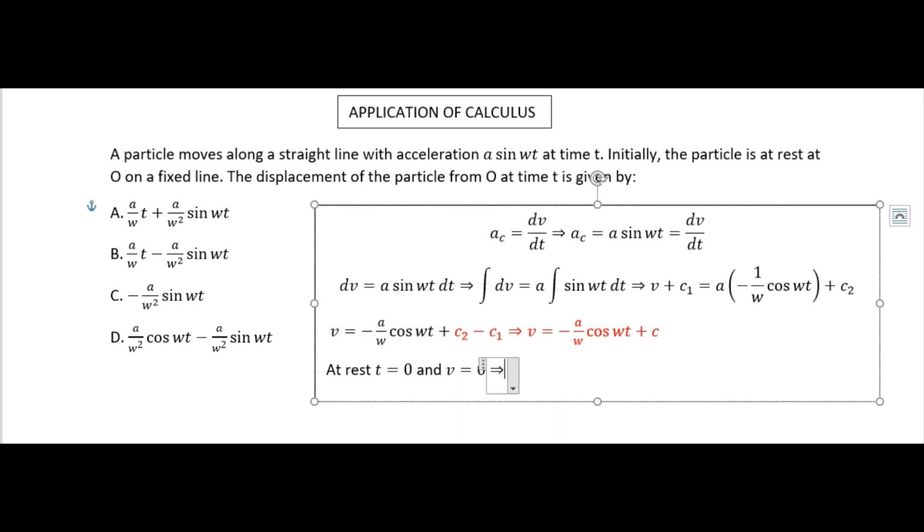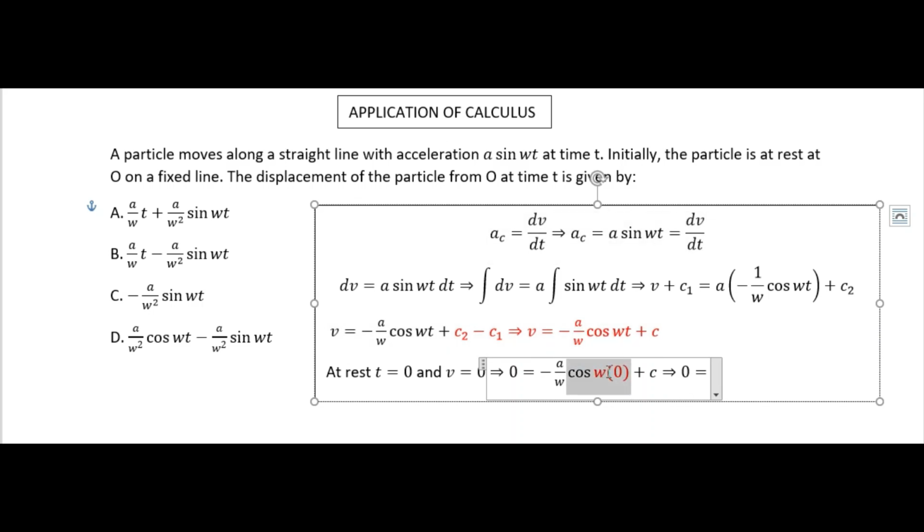So my v, which is 0, will give me negative a over omega, the cosine of omega times t, which is 0, plus the constant of integration which we are looking for, plus c. From there we can get c. The left hand side of the equation is just 0. Cos 0 is 1, because omega times t is actually the angle, which is omega times 0, which is 0.